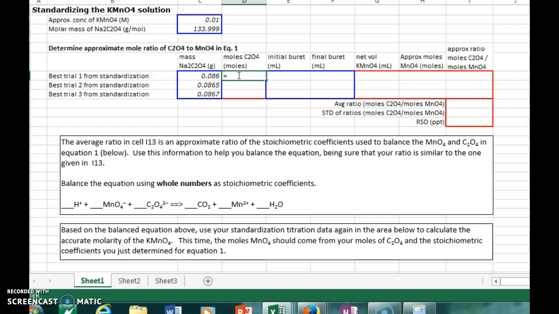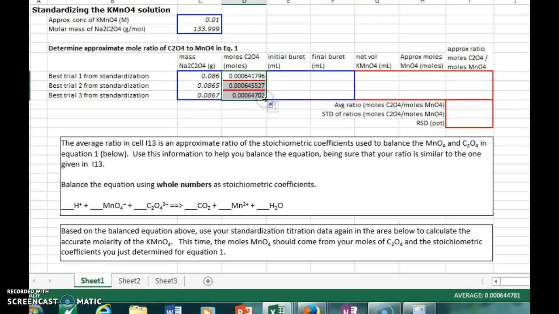So I'm going to hit equals, I'm going to select my mass, which is C10, divided by my molar mass, which is C6. I need to put dollar signs in front of my C and my 6. And then I'm going to hit enter, and I'm going to drag that down. We'll worry about sig figs in a minute.